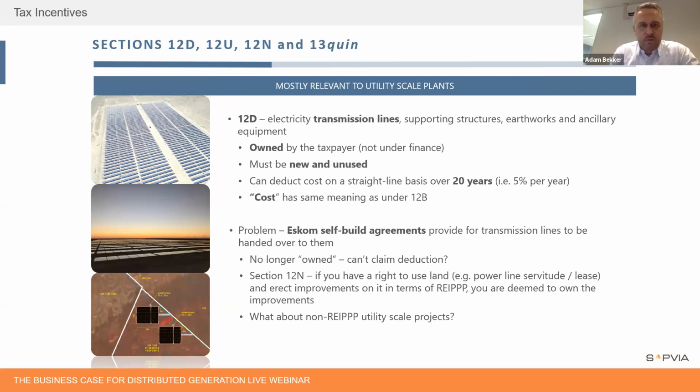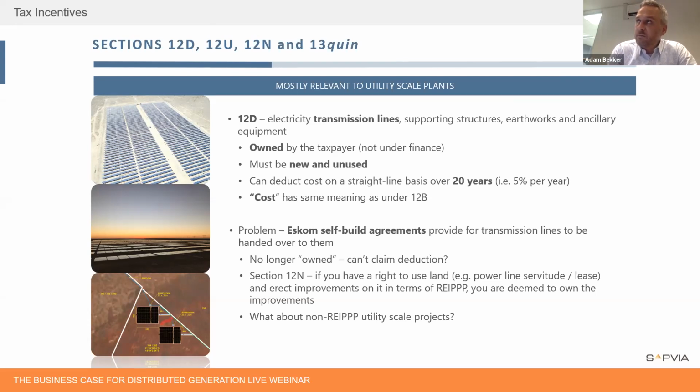The one sort of interesting thing to note, and it's probably, I think, going to become relevant given the increase of the generation license threshold to 100 megawatts, I think we're going to see, and we are seeing, a lot more interest from large corporate industrial users in taking power from utility scale plants. The problem with the current provisions relating to electricity transmission lines and buildings is that they stipulate that you have to own the equipment if you want to claim the allowance.